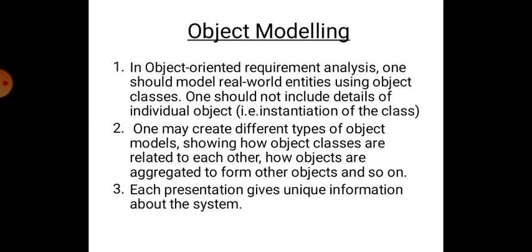Students, in a system, two or more objects interact, so you have to show how the objects interact with each other. When you are creating different types of object models, you should be able to show how object classes are related to each other and how objects are aggregated from other objects.